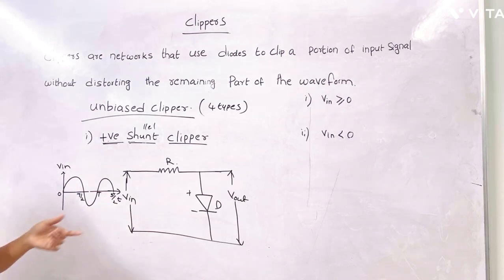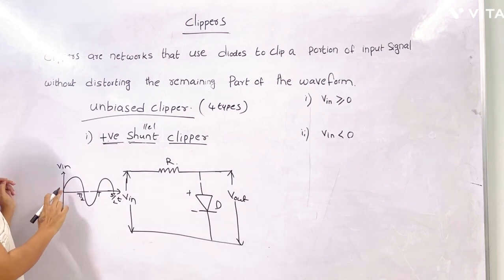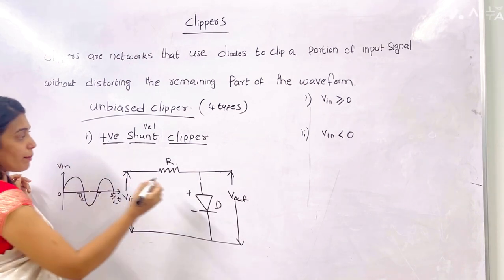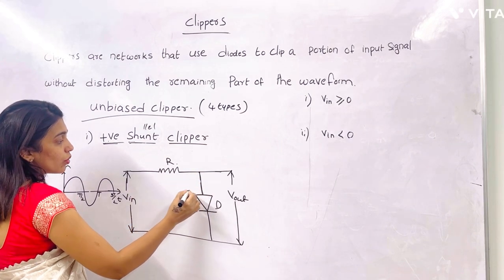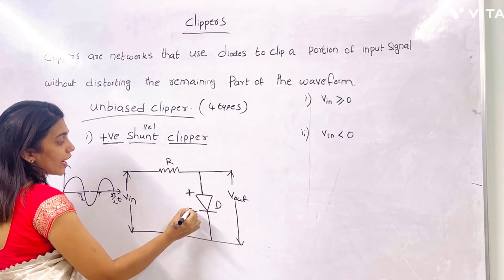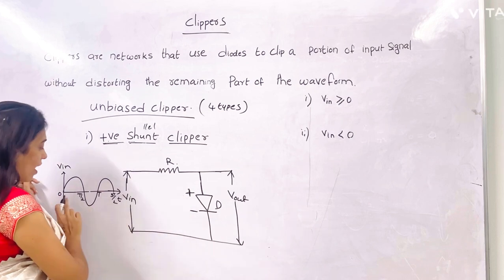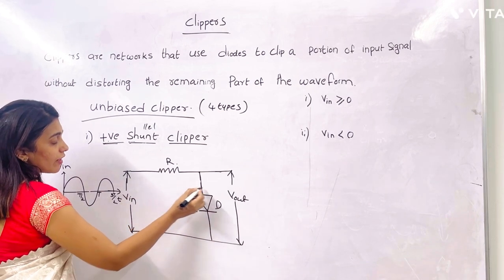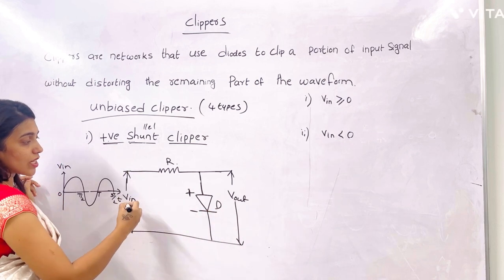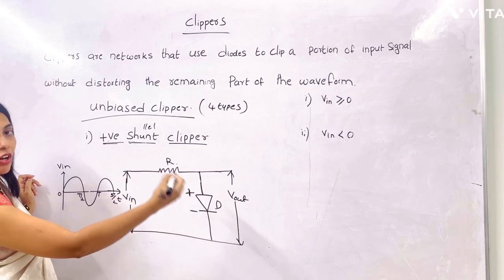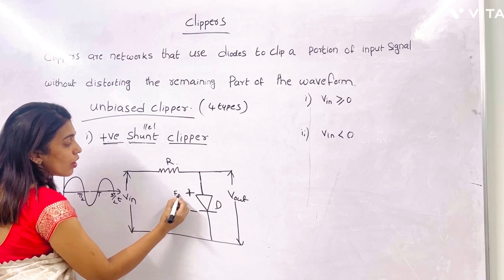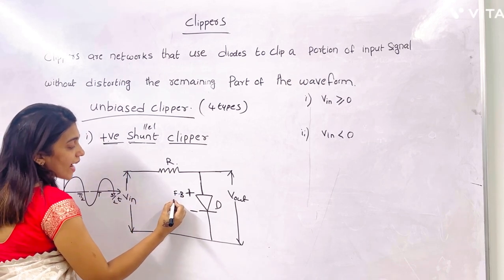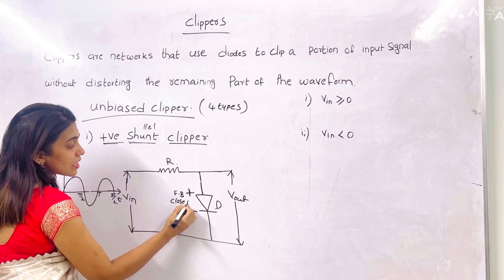So this is the input signal. From 0 to T/2, during the positive half, the positive half is given to the positive terminal of the diode. We already know that if a positive signal is given to the positive terminal of the diode, then the diode goes to forward bias condition, which means the diode acts like a closed switch.